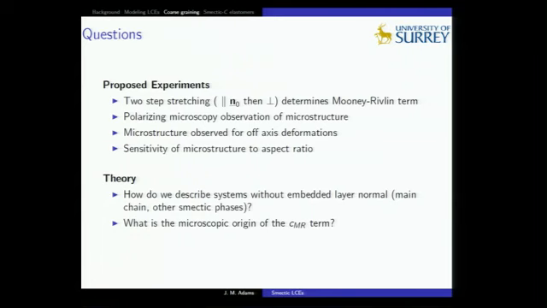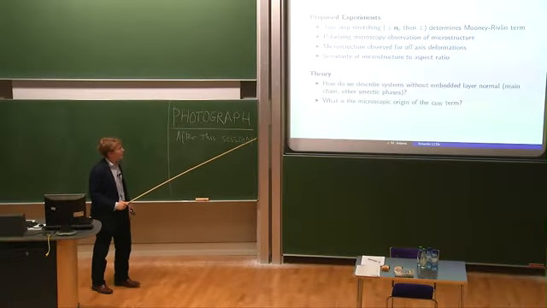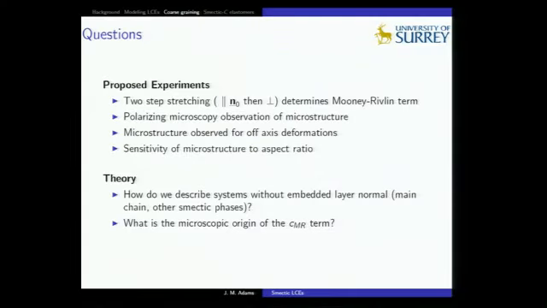So there are some questions from this sort of model. It would be nice to see some experiments of this two-step stretching to work out the magnitude of the Mooney-Rivlin term that I put in this model, if indeed it fits with the experiments. Also some polarizing microscopy observations of the microstructure. We saw yesterday that the microstructure is in fact very difficult to observe, so perhaps in smectics it will be easier or more difficult, I don't know.